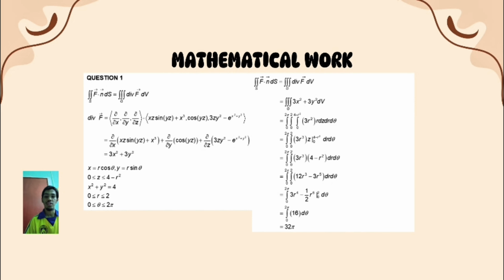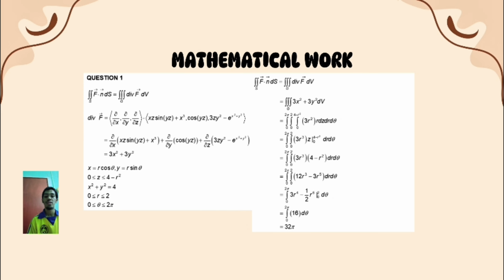To solve the first question, we need to find the flux integral by using the divergence theorem. In order to do that, we need to find the divergence of vector field F. So, we use the divergence formula and get the answer 3x squared plus 3y squared.